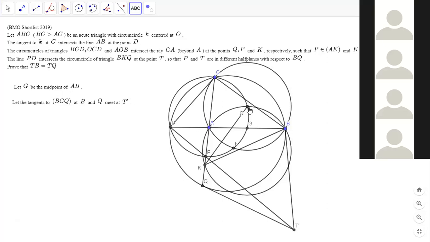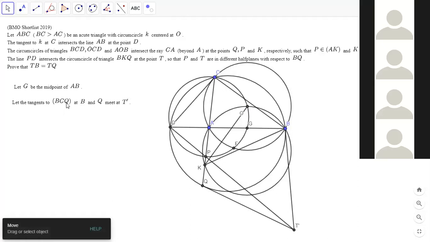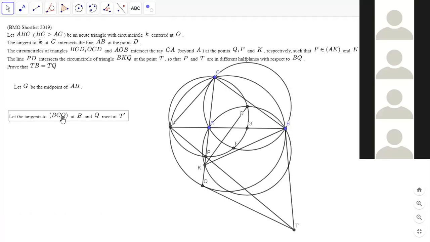And then OG is perpendicular to DG, so G lies on the circle. Okay, so that's a right angle.